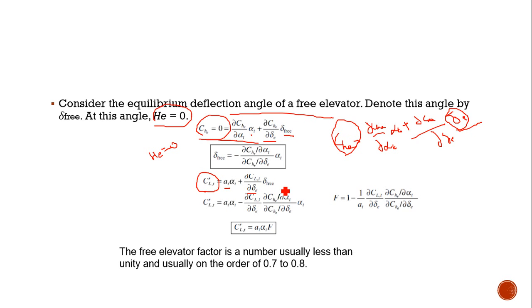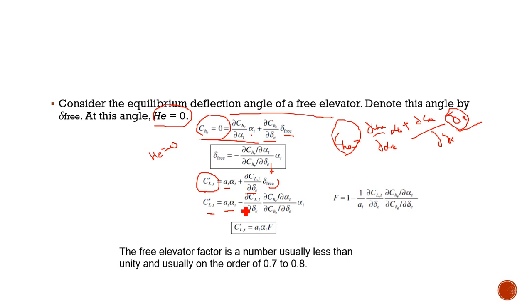So here, substituting the value for delta free in this equation, we will get CLT equal to a_t α_t minus ∂CLT/∂δ_E into ∂CH/∂α_t divided by ∂CH/∂δ_E into α_t.